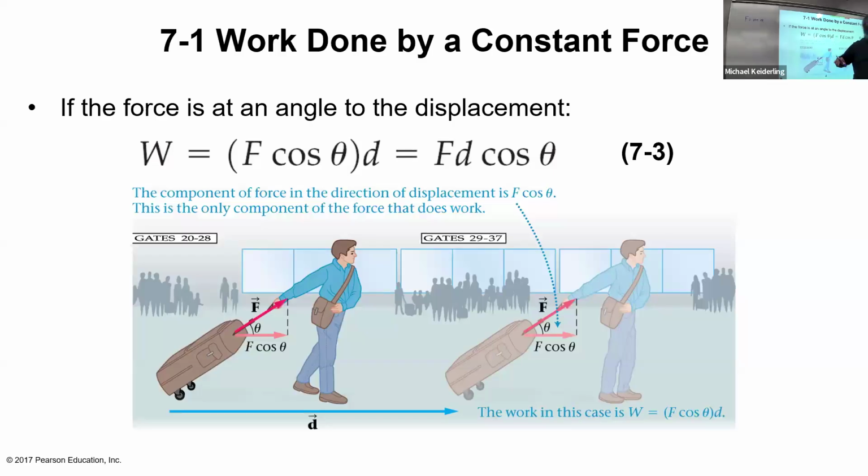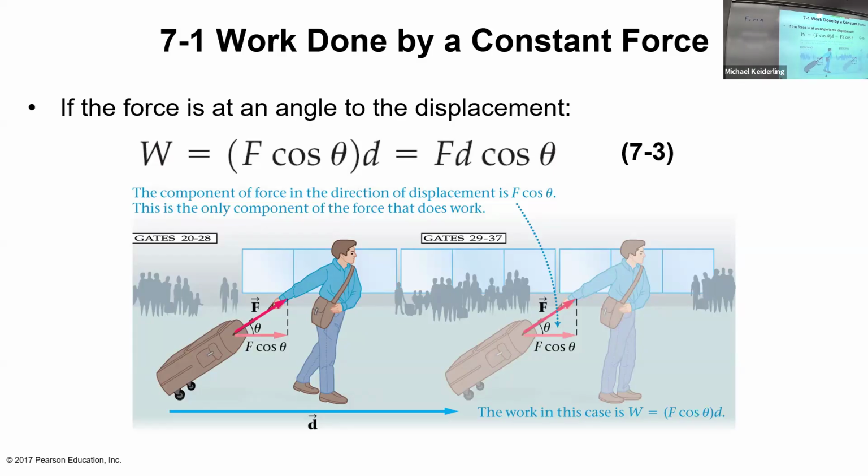You put the cosine on the force, that's the component of the force in the direction of motion. If you put the cosine on the displacement, that's the component of the displacement in the direction of the force. And thinking about it in those ways, switching back and forth, is sometimes useful.